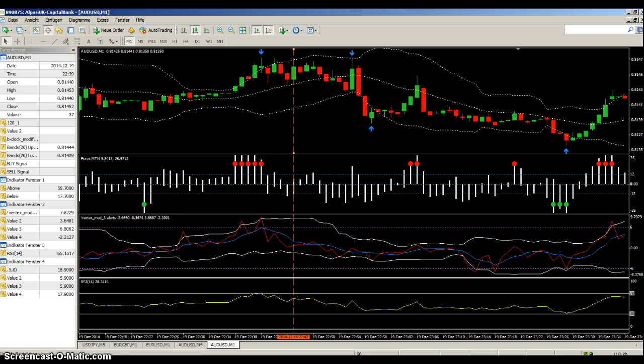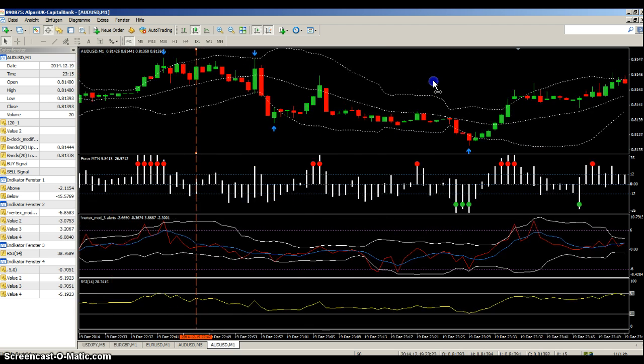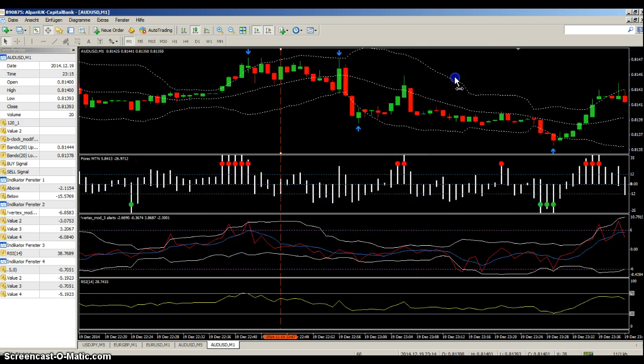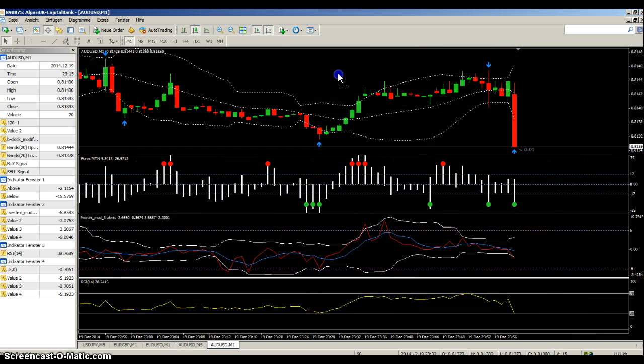As you can see, this is ashkan's template with the added Bollinger Band. In his first version, he had the cork. Now we use the Bollinger Band. We have the Forex MTM, the Vertex mod indicator, and an RSI set to 14 with the levels 70 and 30.